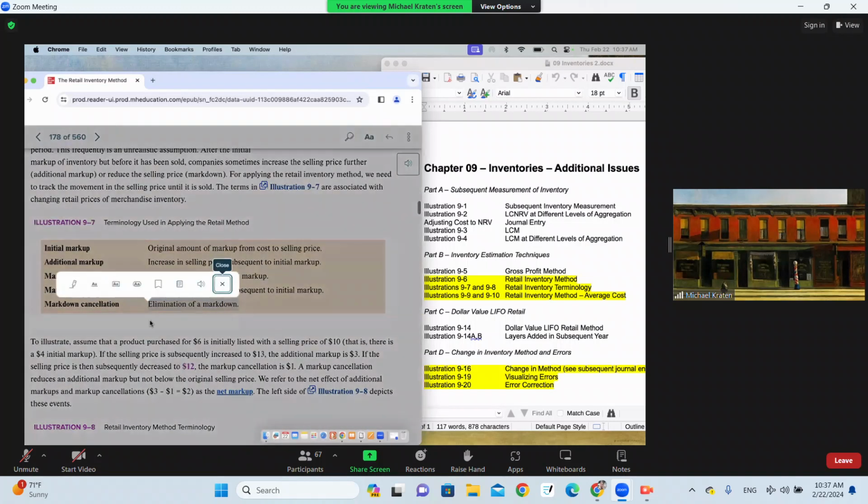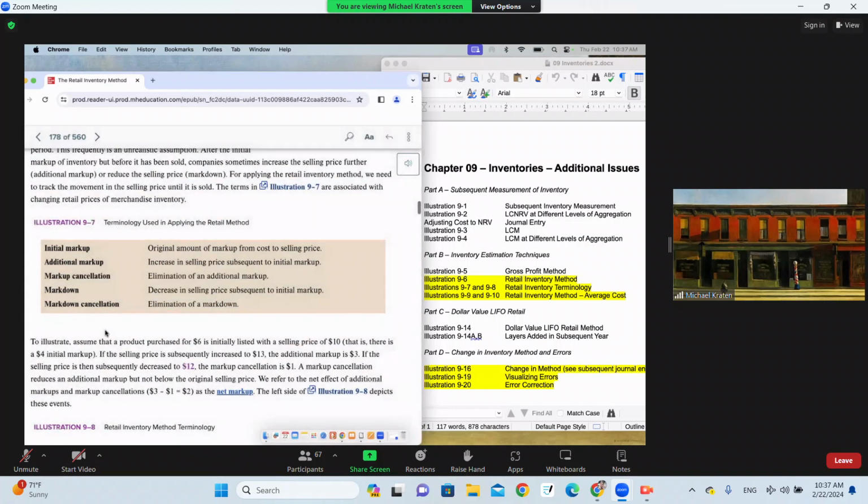Initial markup is the initial profit. Additional markups are the extra profits if you continue to increase your selling price. If you change your mind on the additional markups, you have markup cancellations.